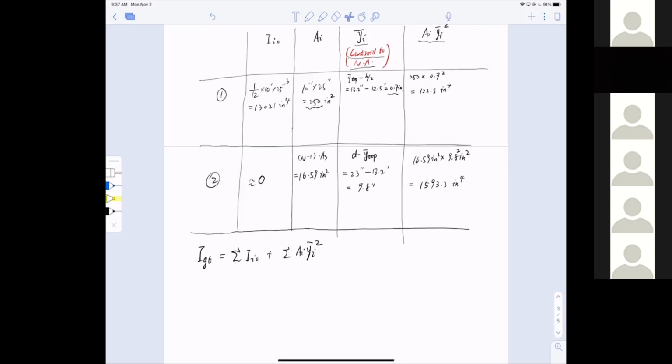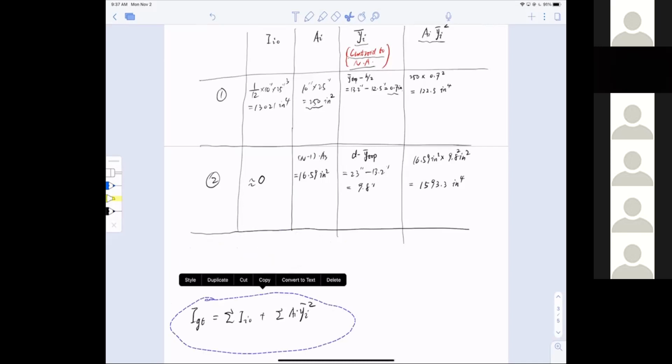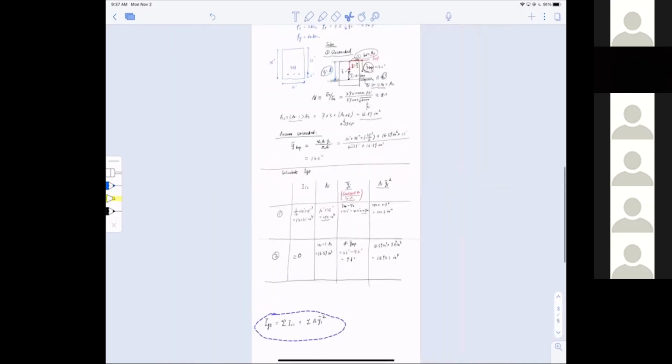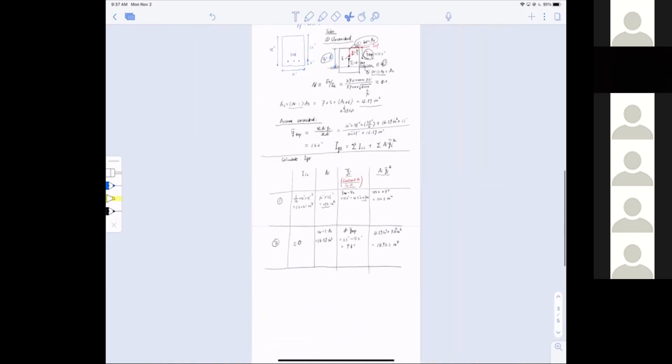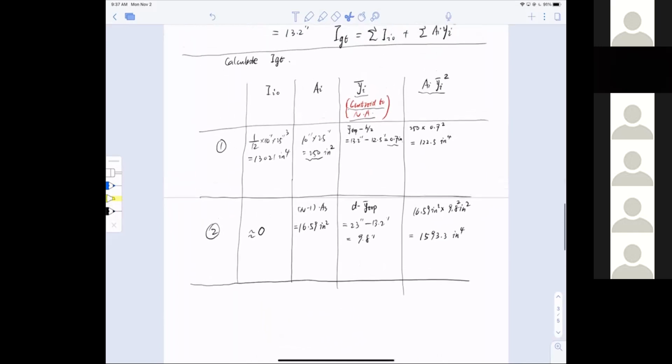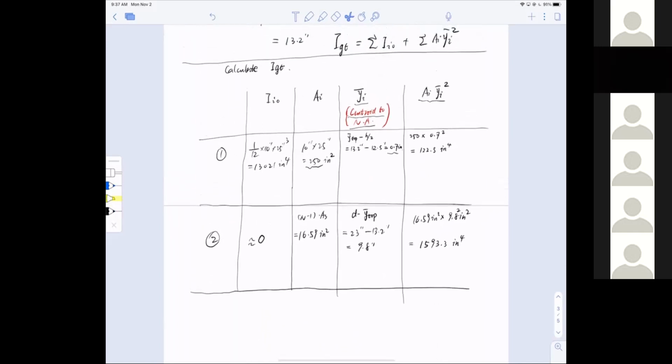So this is the equation; I'll put it up here as a reminder. Now I add up I1 plus I2 about their own axes. This one is 0, this is that, so equal to 13021 inch to the power 4.